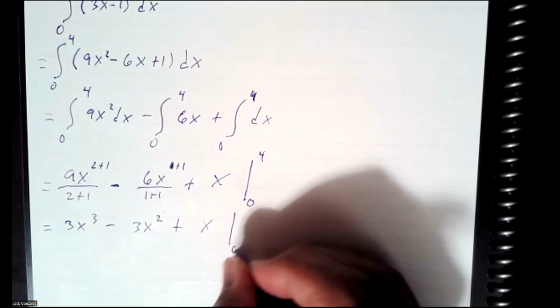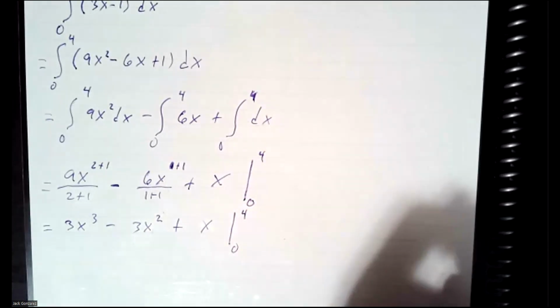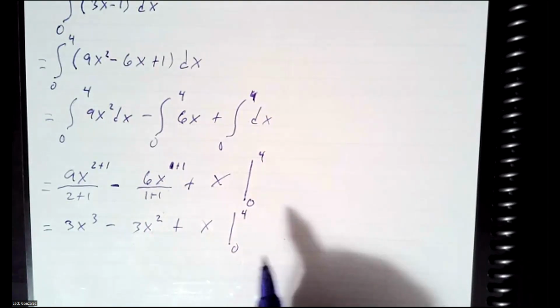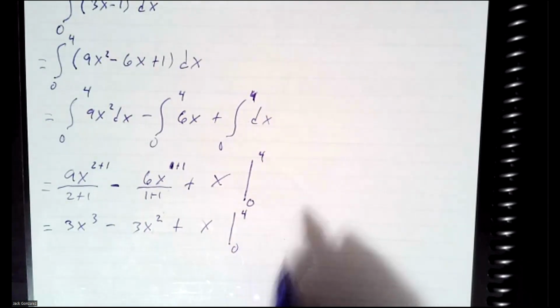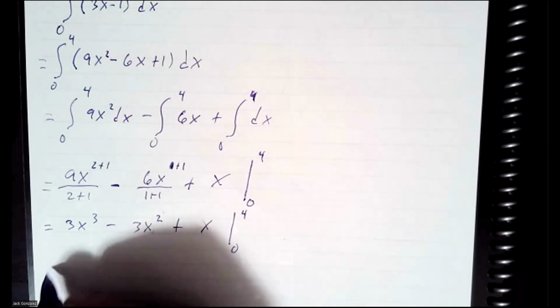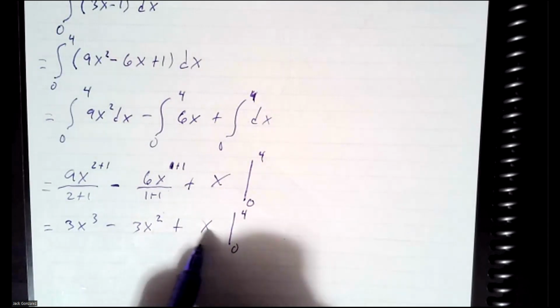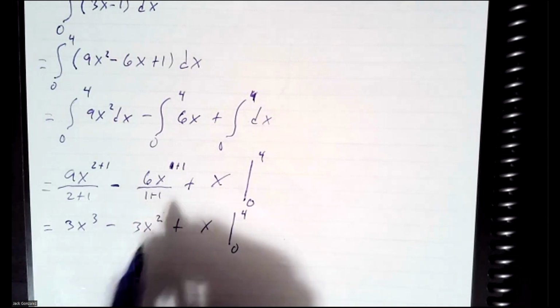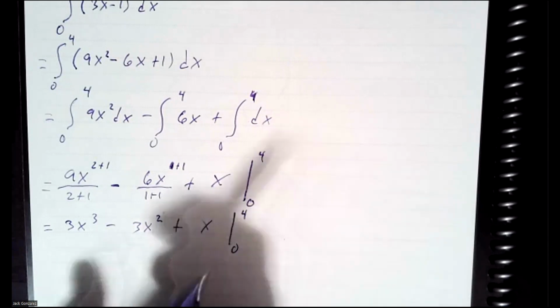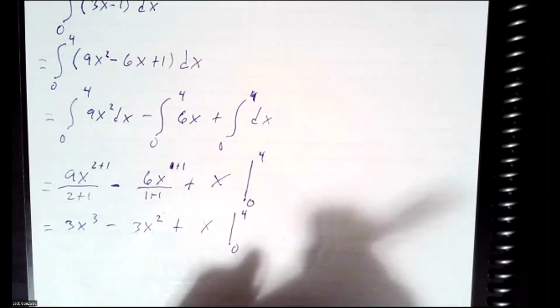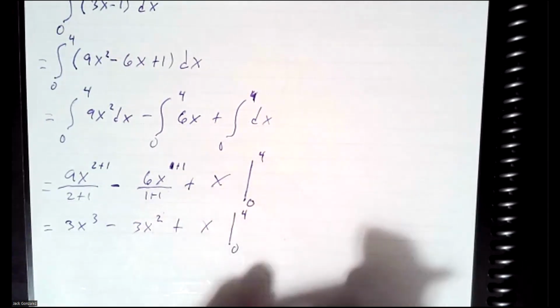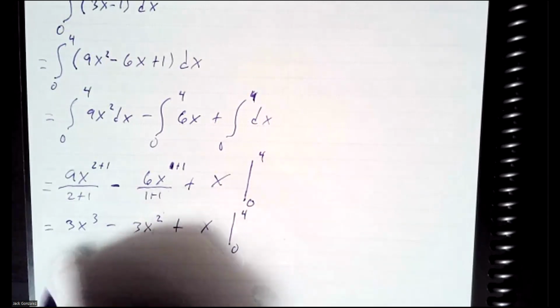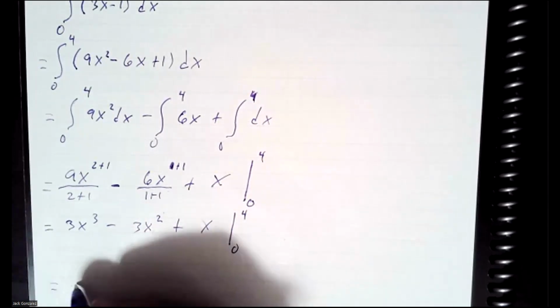Since we have a bound, upper and lower, we evaluate the upper minus the lower. So this is like the capital F right here, these 3 terms. Plug in the 4 into each one minus 0 into each one. Same function at two points. You remember? Yep.